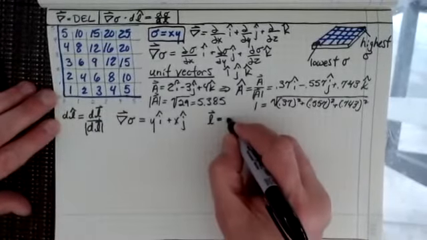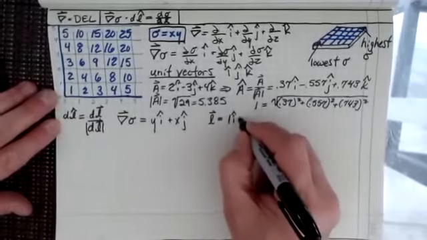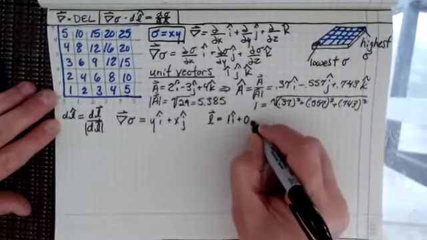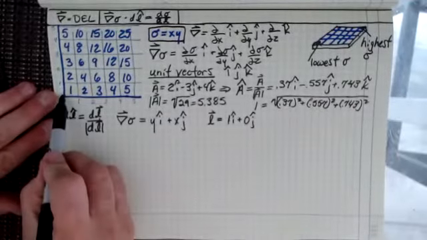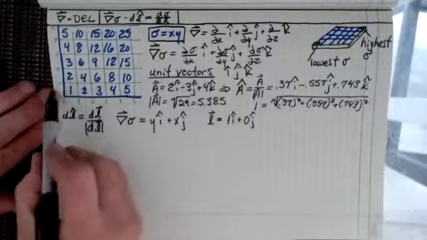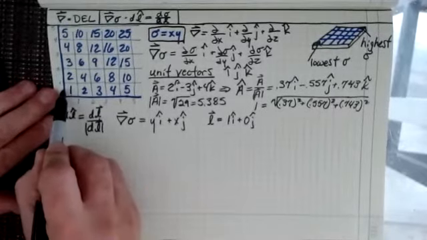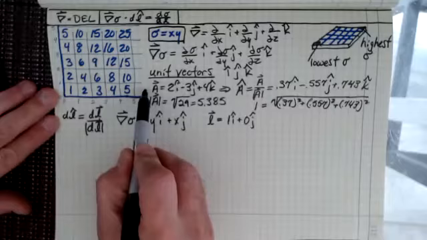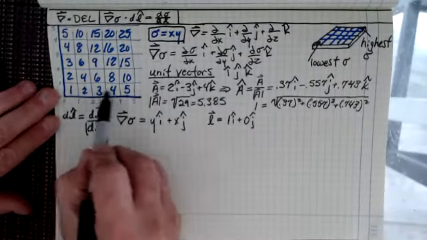So we'll say that that would be 1 i hat plus 0 j hat, right? So basically what that is saying is that we're going in the x direction. We're just going in this direction, right along there. All right, right along the x direction.